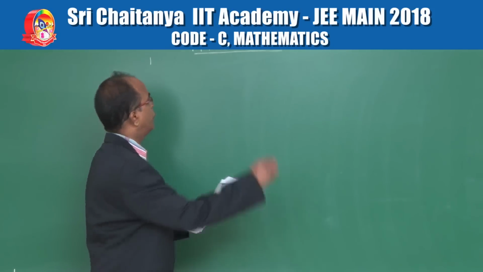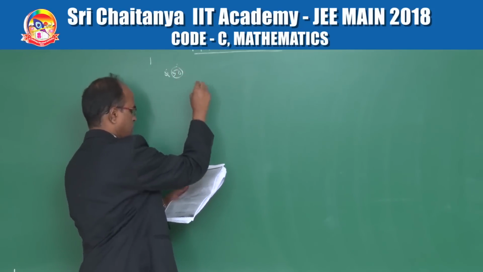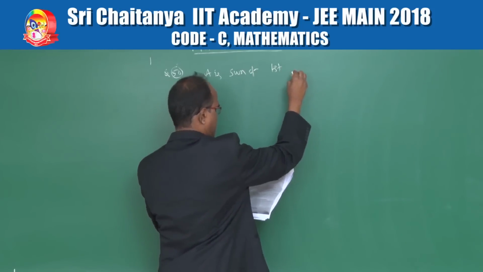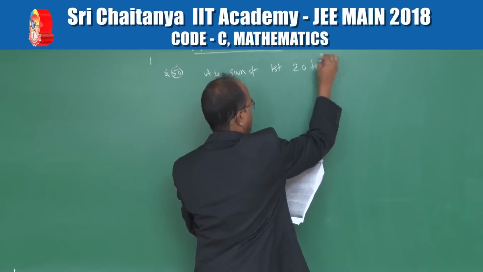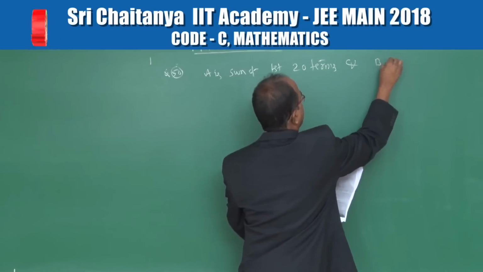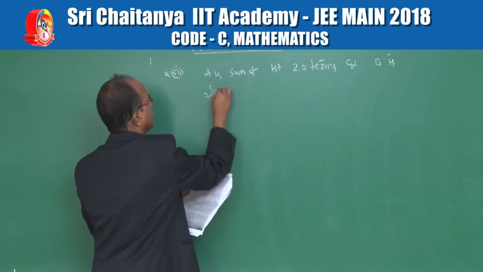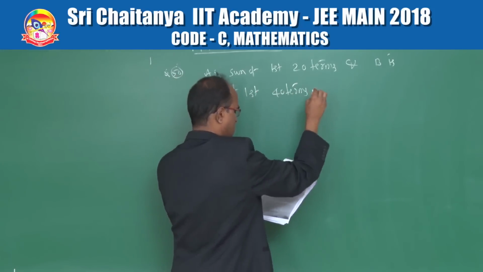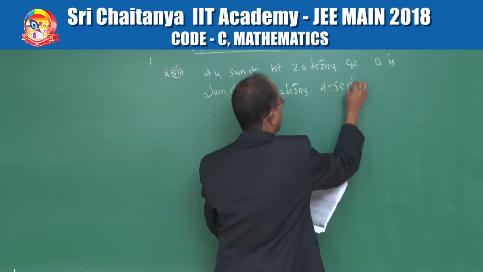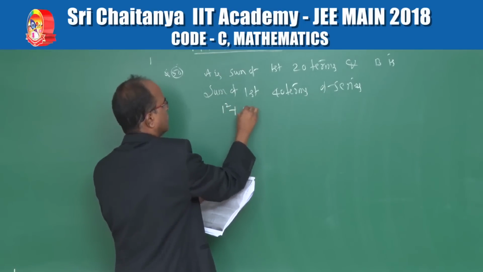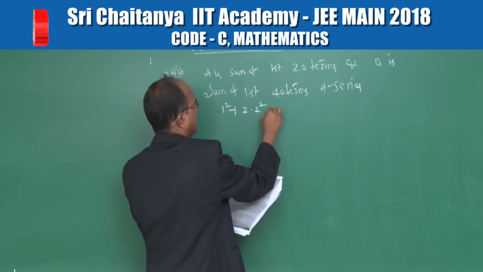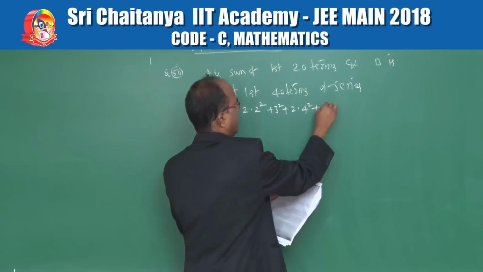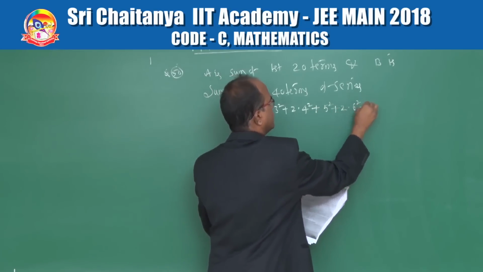Now we will discuss question 50. A is sum of first 20 terms and B is sum of first 40 terms of the series 1² + 2×2² + 3² + 2×4² + 5² + 2×6² and so on.